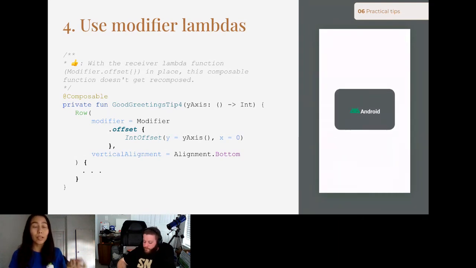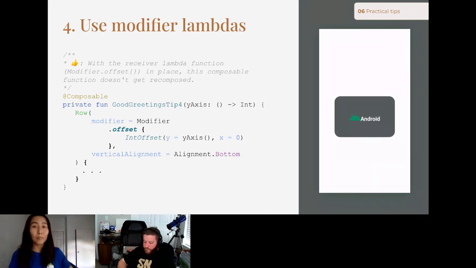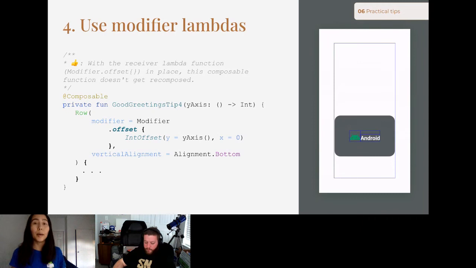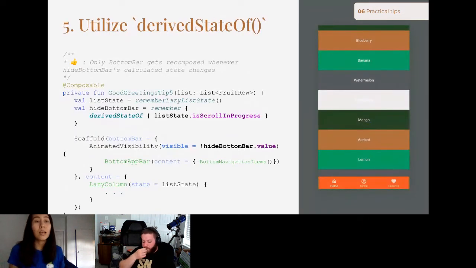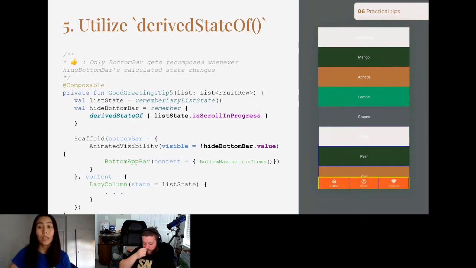But because we use a lambda, we're deferring the read up until the modifier functions come into play, which happens in the layout phase.